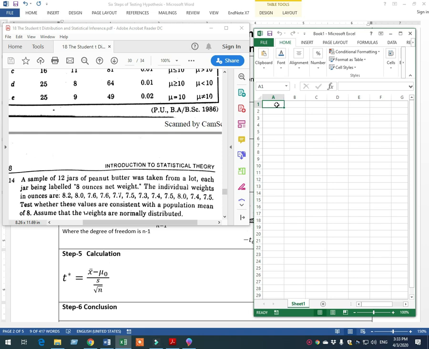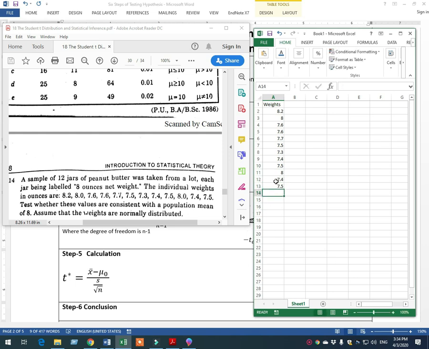Now here I am putting the weights of the 12 jars, and these are the weights of the 12 jars: 8.2, first jar, and second is 8, then 7.6, then 7.6 again, then 7.7, then 7.5, 7.3, 7.4, 7.5 again, 8, 7.4, and 7.5.